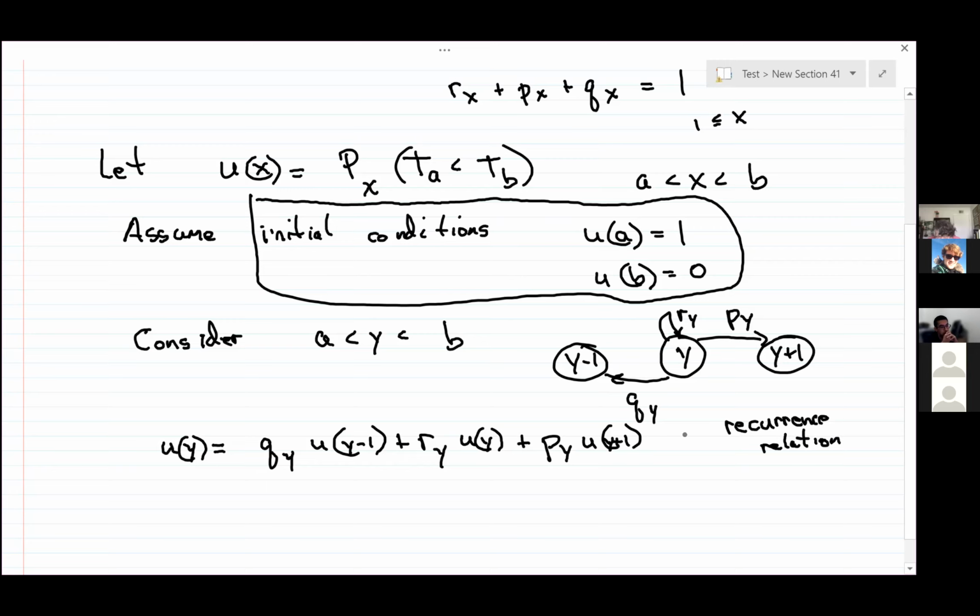It tells you how the probability of getting to A before B starting at y is related to what happens after you look at the first step you can make. Questions about this relation, because it's sort of key for what we're doing the rest of the way? I hope it's clear.